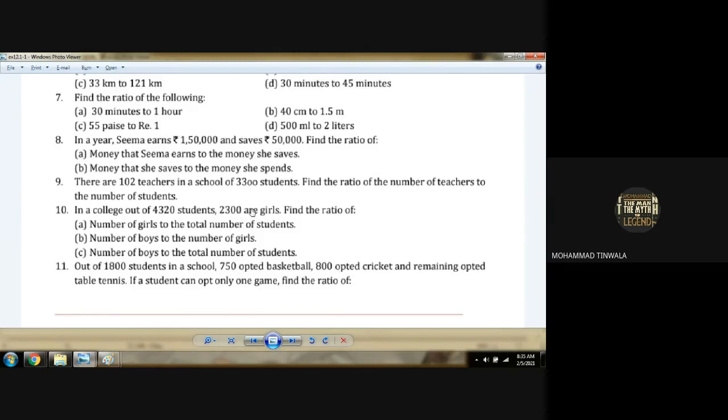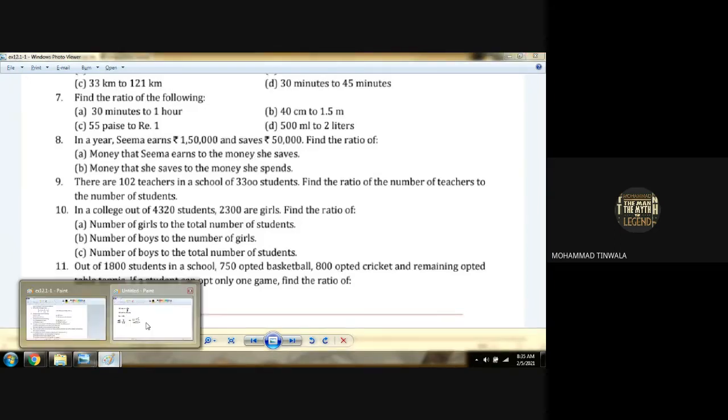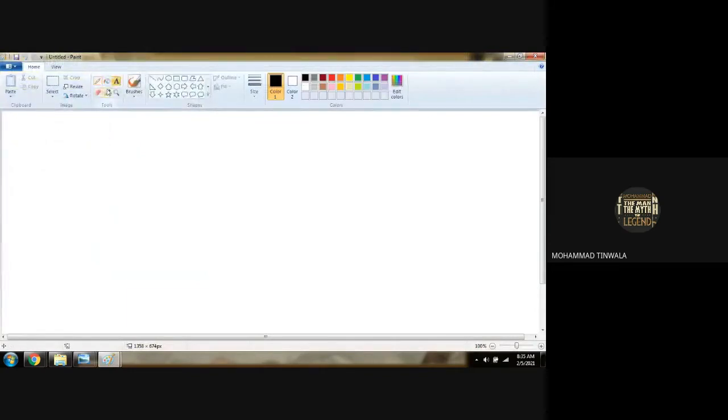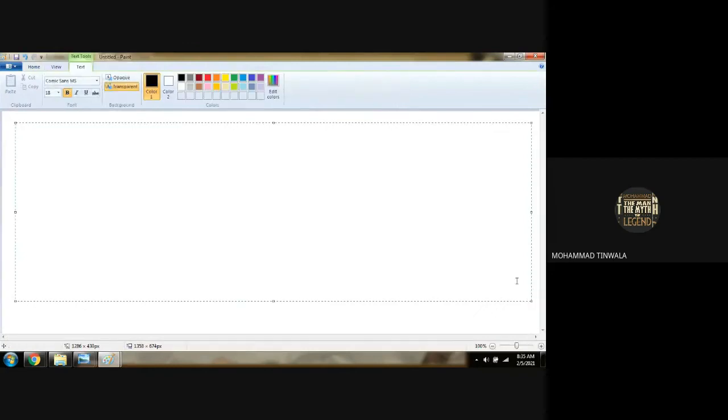So now, for spent, first we have to write the criteria, how many requirements there are. First thing, what we have to write? Answer number 8. In answer 8, the first statement is Seema's earning is equal to rupees 1,50,000.